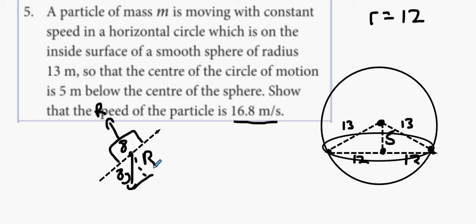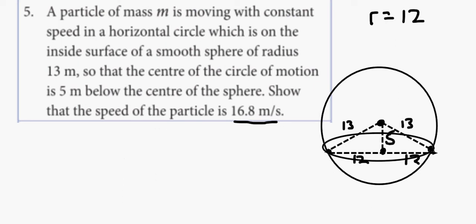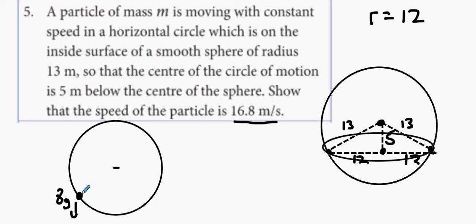Now that brings us to a circle or a sphere. Guess what happens to the R value? Remember we said R has to act perpendicular to the surface it's on. So with any circles or any spheres, if I'm here and I have a weight of, let's say, 8g again, the R value is always perpendicular.